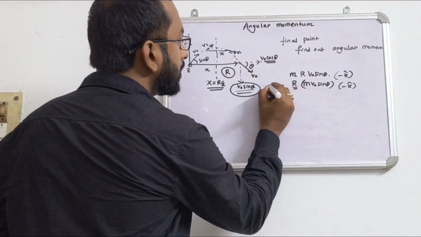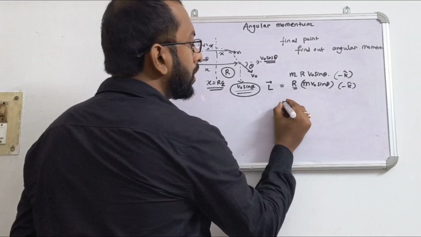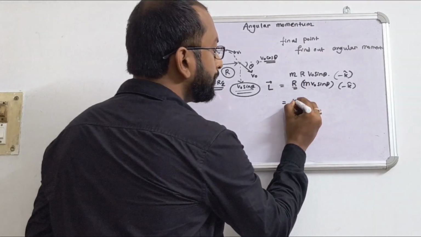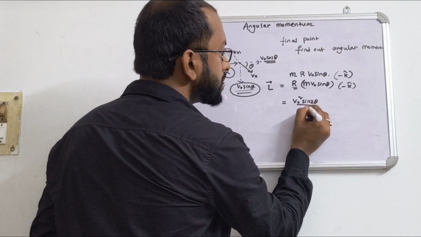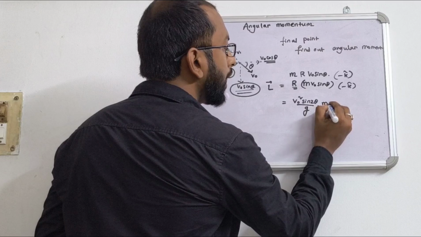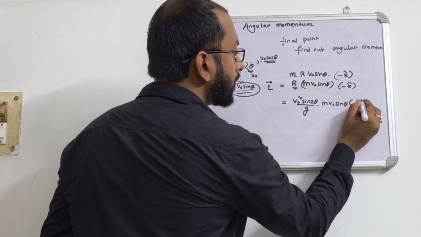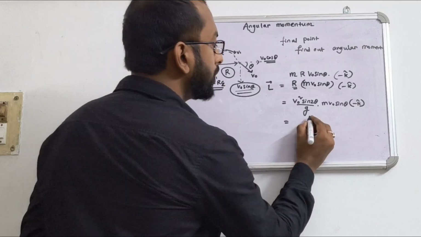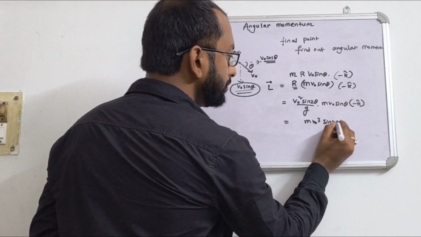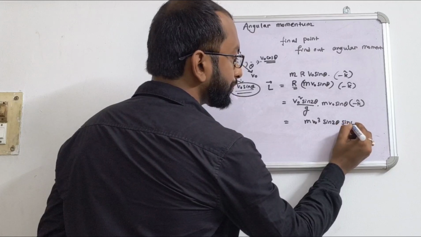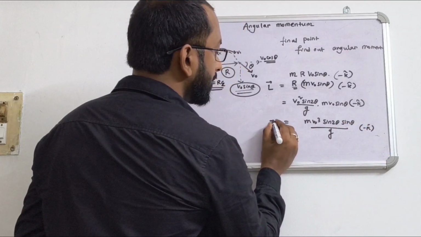So this is the angular momentum. So what is R? You know the range formula, v0 square sin 2 theta by g, into m v0 sin theta multiplied with the unit vector. So we can write m v0 cube sin 2 theta sin theta by g, minus k cap. That is the angular momentum.